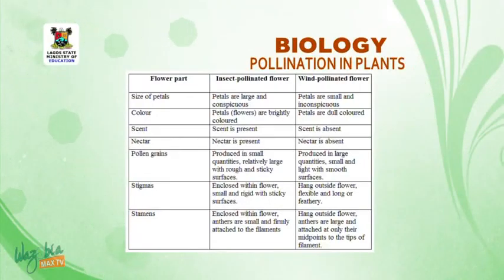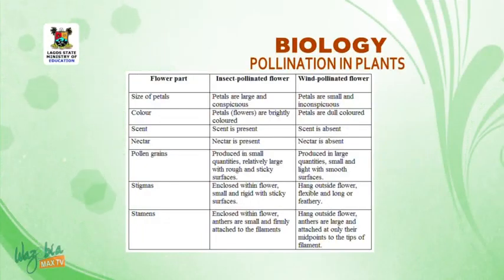Under flower part, pollen grains. Under insect-pollinated flower, pollen grains are produced in small quantities, relatively large with rough and sticky surfaces. Under wind-pollinated, pollen grains are produced in large quantities, small and light with smooth surfaces.